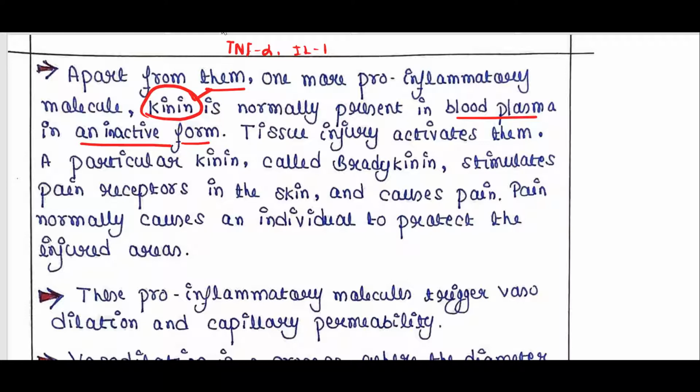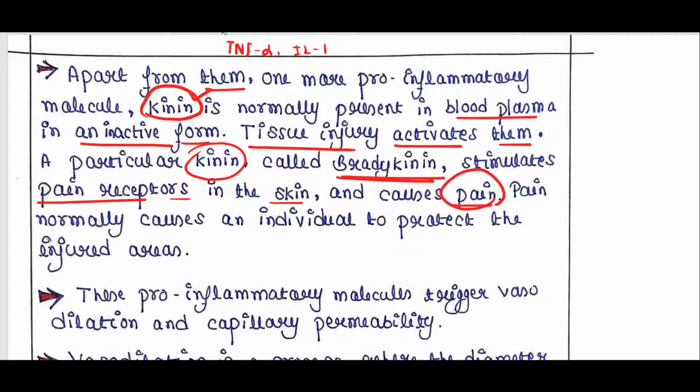But tissue injury activates it. Kinins are of different types. A particular kinin named bradykinin stimulates pain receptors in the skin, and it causes pain.